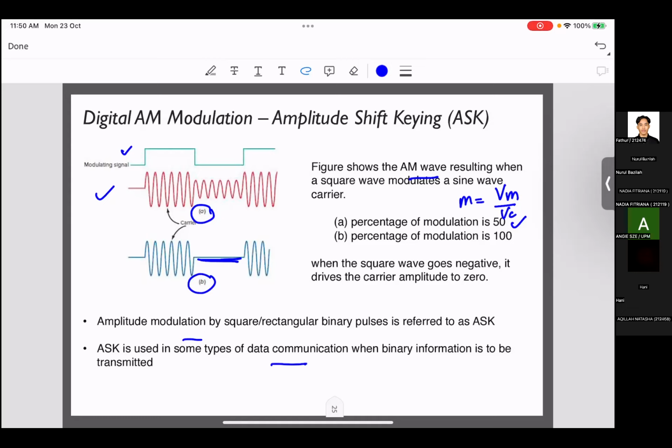So if you have information that consists of 10111000, this is when you use a modulating signal that looks like this. So this is your 1 and this is your 0. And then for the M, it depends on your circuit, how far you want to make it. Is it going to be 50, 30, 70, or 100%? Okay, so this is called ASK, amplitude shift keying.